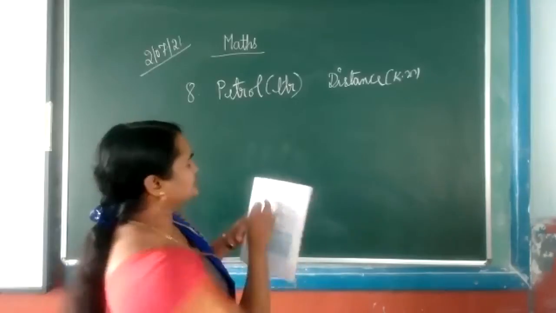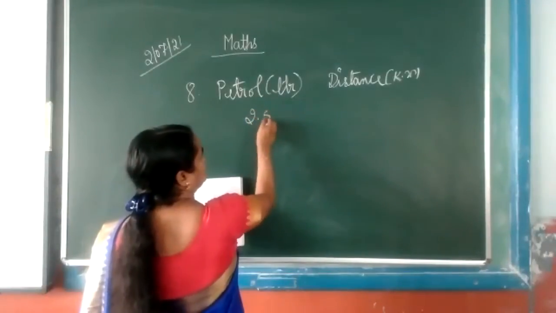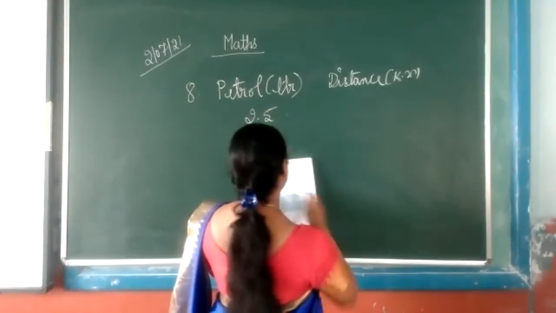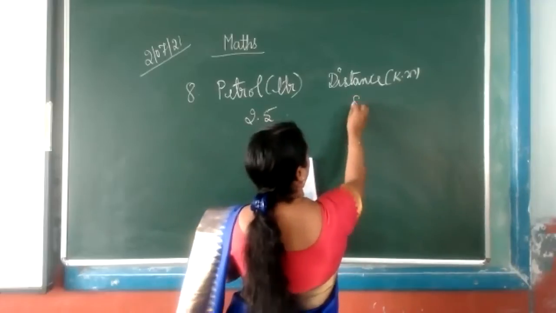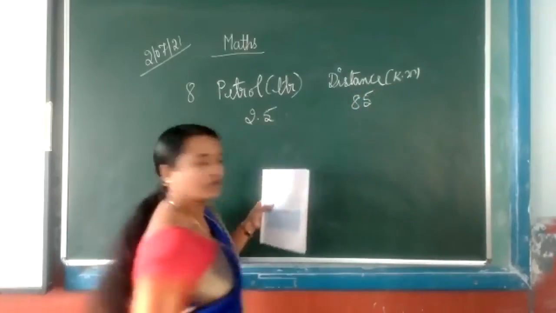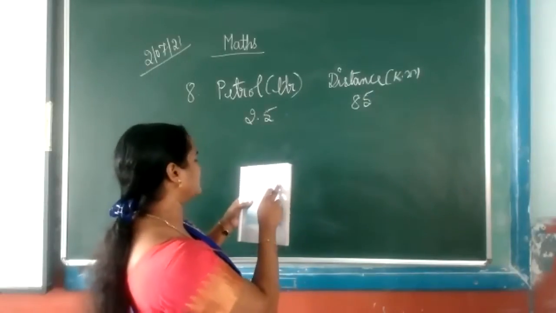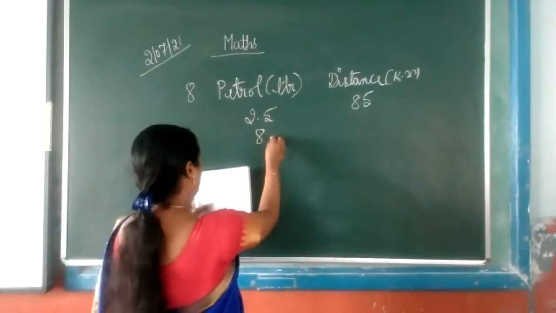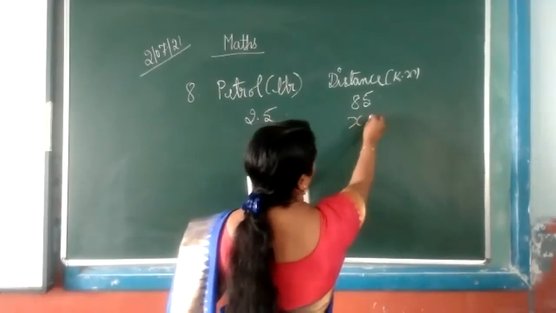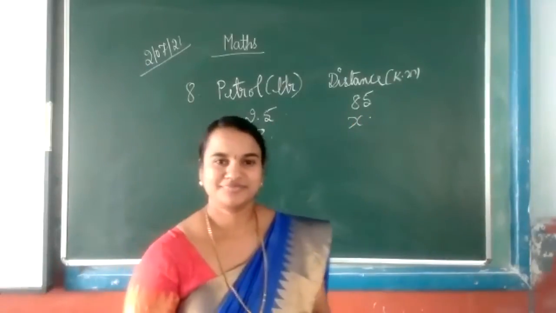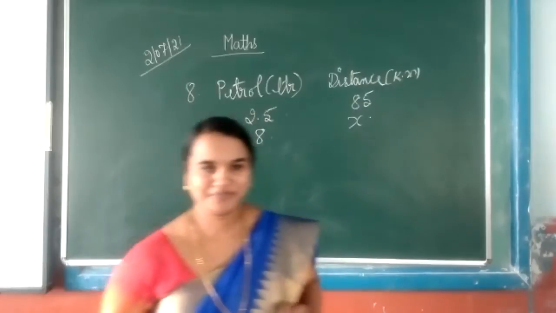The scooter consumes 2.5 liters of petrol. It covers the distance of 85 kilometers. Clear? What distance will it cover in 8 liters of petrol? The distance we have to find out. Okay.